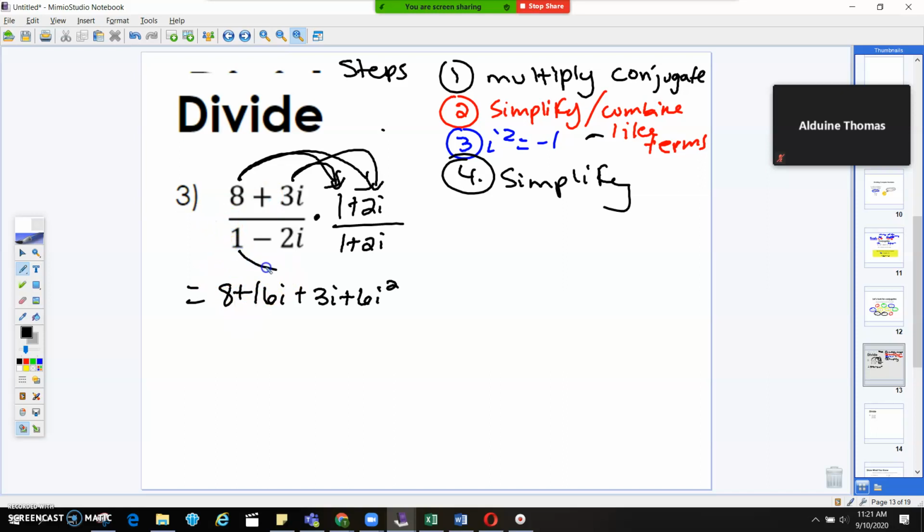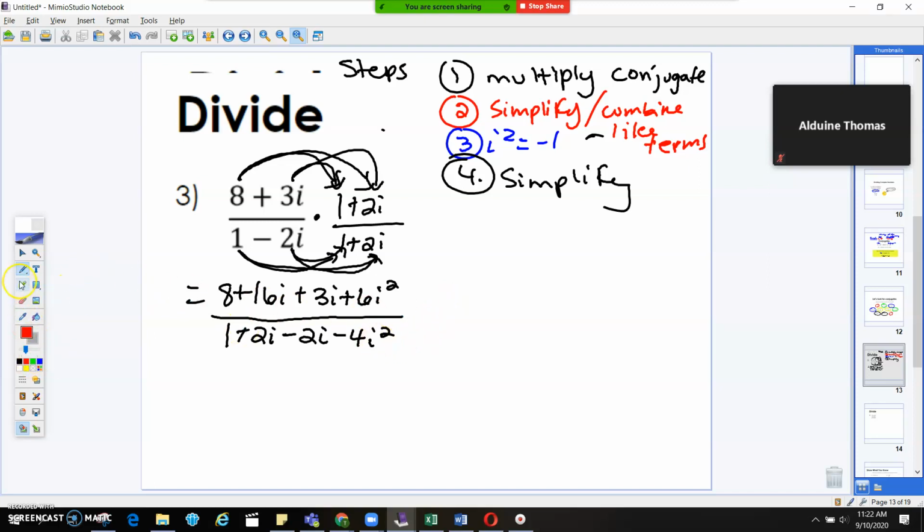In the bottom, you've got 1 times 1, which is going to give you 1. 1 times 2i, which is going to give me 2i. Negative 2i times 1 is negative 2i. And negative 2i times 2i is negative 4i squared. All right, so we did the first step. Our second step is to simplify, right?